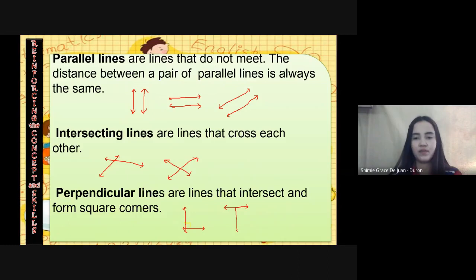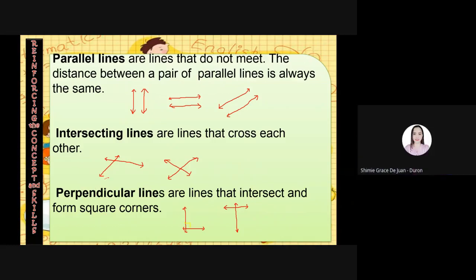So you can form square corners in between those two lines. Okay? So what are the three kinds of lines? Again, class, you have the parallel lines, intersecting lines, and perpendicular lines. Very good. Give yourself a clap.